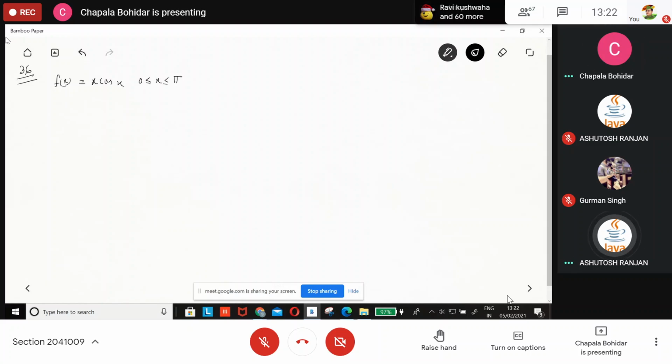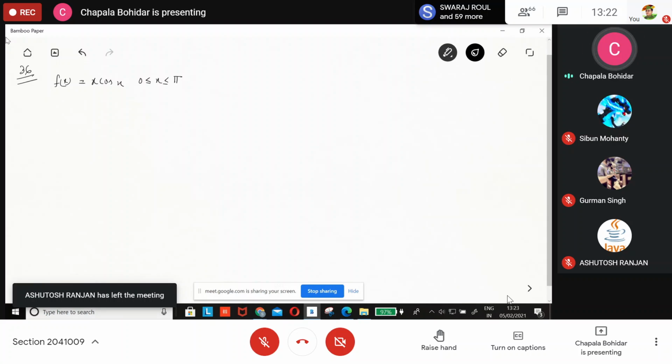Yes. Use Newton's method to find the absolute maximum value of the function f(x) is equal to x cos x, 0 less than or equal to x less than or equal to pi. Clear?